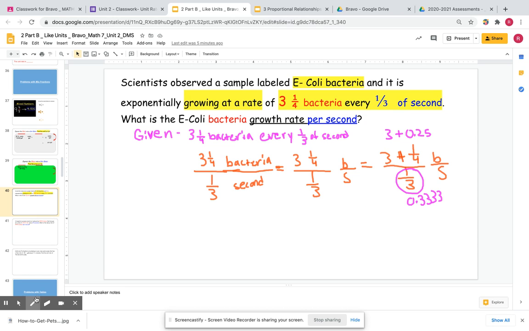So if we change them, we get the following type of fraction, which is basically a rate because it's being described. We get 3 point, oops, sorry about that mistake.